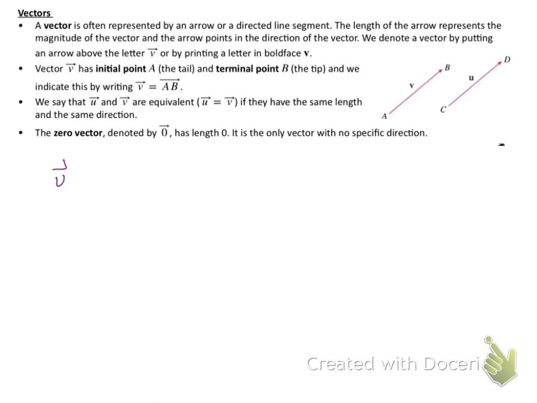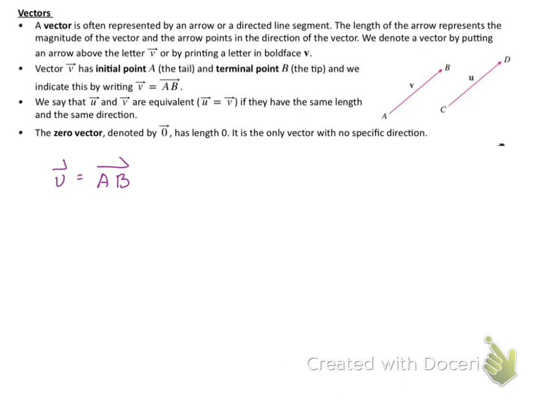So vector V, like my first vector, is the vector that goes from A to B with initial point A and terminal point B. And we can say the vector V is the vector that goes from A to B.